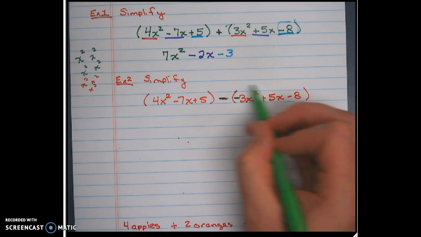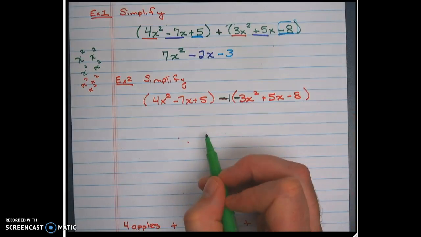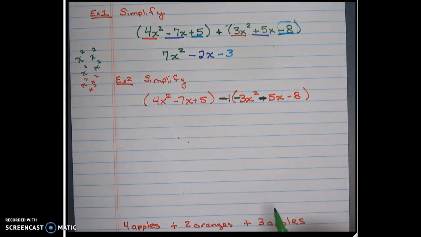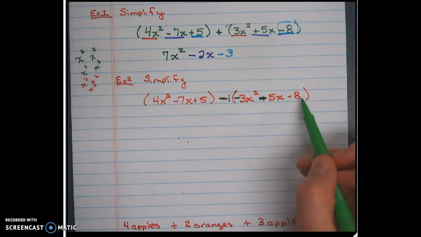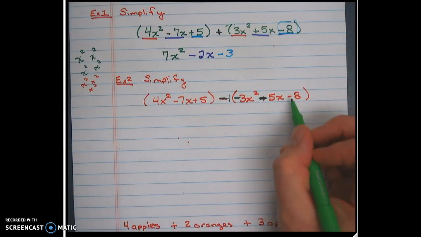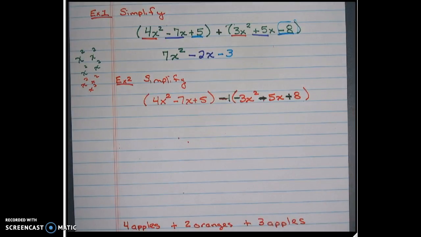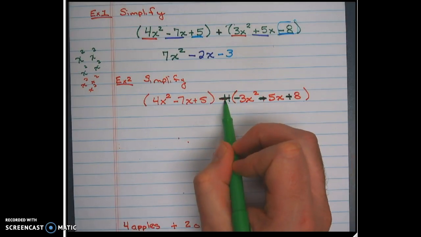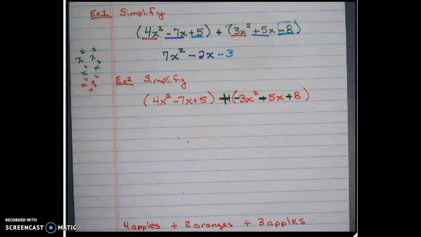Again, if I want to distribute it out, you can think of it as a negative 1 if you want. A negative times a positive is also a negative, so that becomes a negative. But then when I go to give it to the 8, a negative times a negative makes it a positive. And so after I change these signs, after I give it to everything, I can just make this a plus again. I can just say, well, I'm adding all of those things.